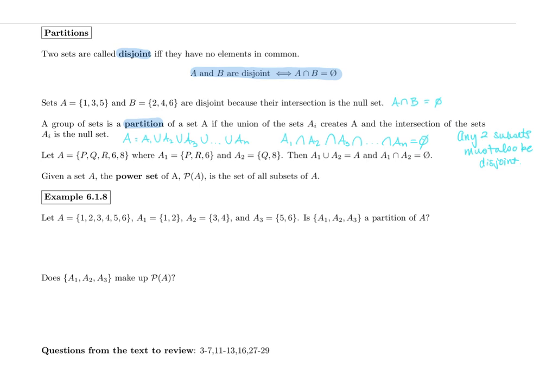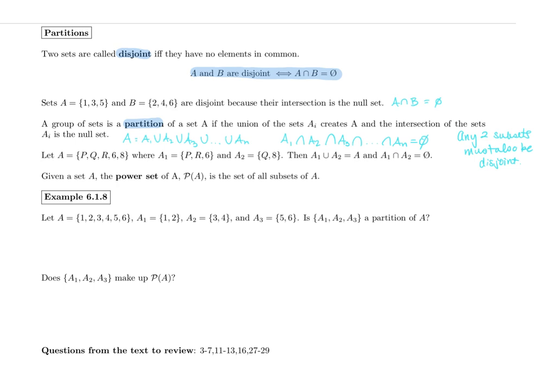So if we let A be {P, Q, R, 6, 8}, where A1 is {P, R, 6}, and A2 is {Q, 8}, then they make a partition because their union makes up A, but their intersection is empty.